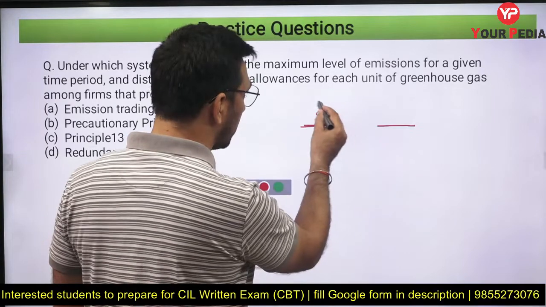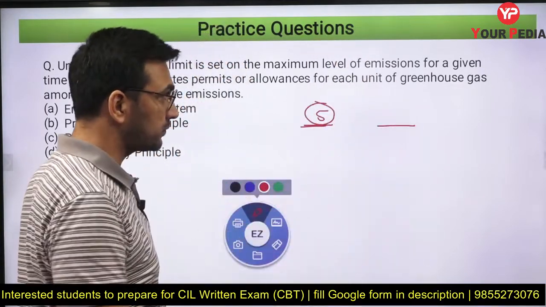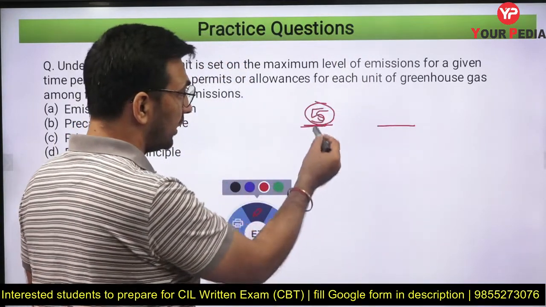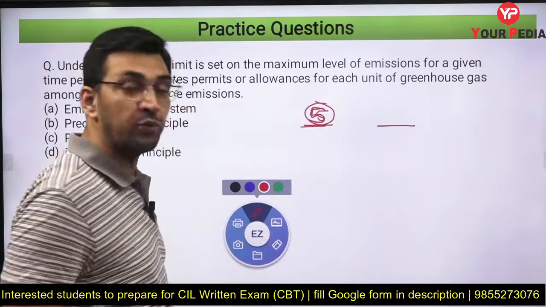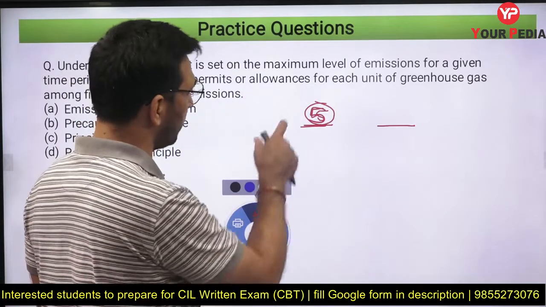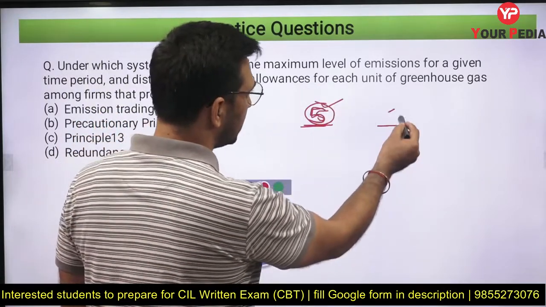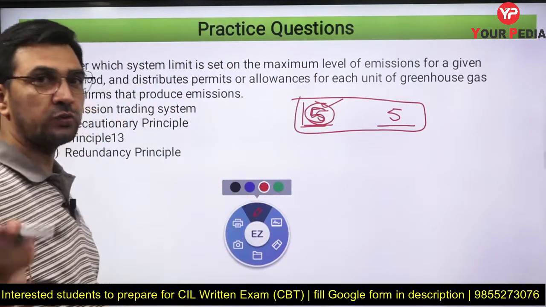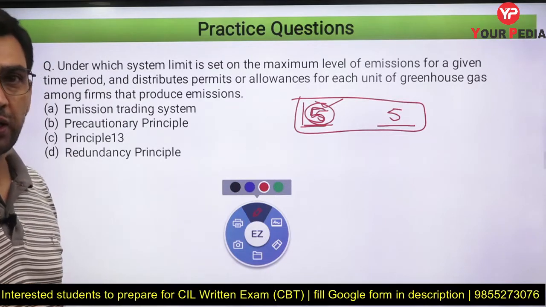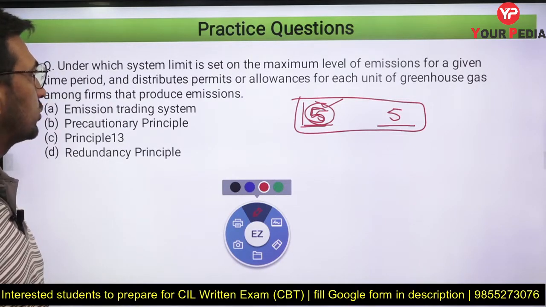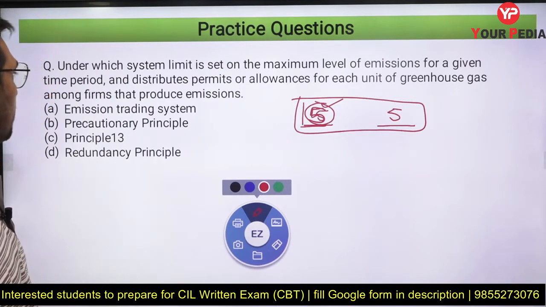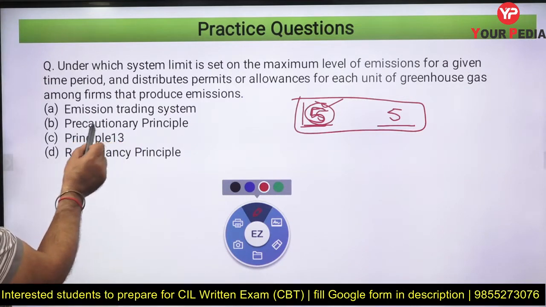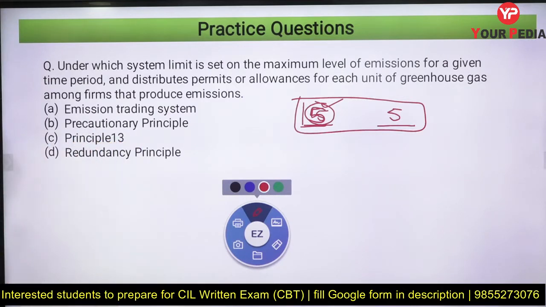You say that okay, you cannot release greenhouse gas emissions corresponding to more than 5 units, whatever units you have prepared, or permits equivalent to 5 units. Same way for others also. So this was in the polluter pays principle, because we are making these organizations responsible for releasing greenhouse gases into the environment. So basically it was not the emission trading system, but I think it sets the limit.